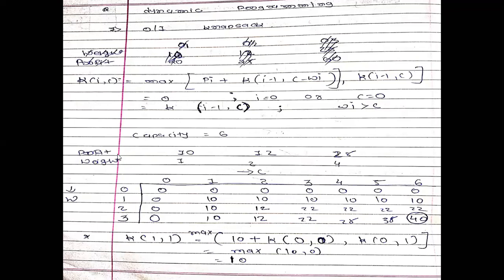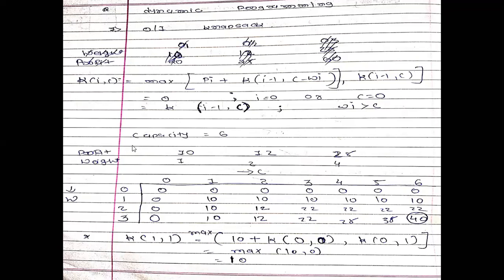Then you have three items: this is first, this is second, this is third. So n is the total number of items, so n is 3.